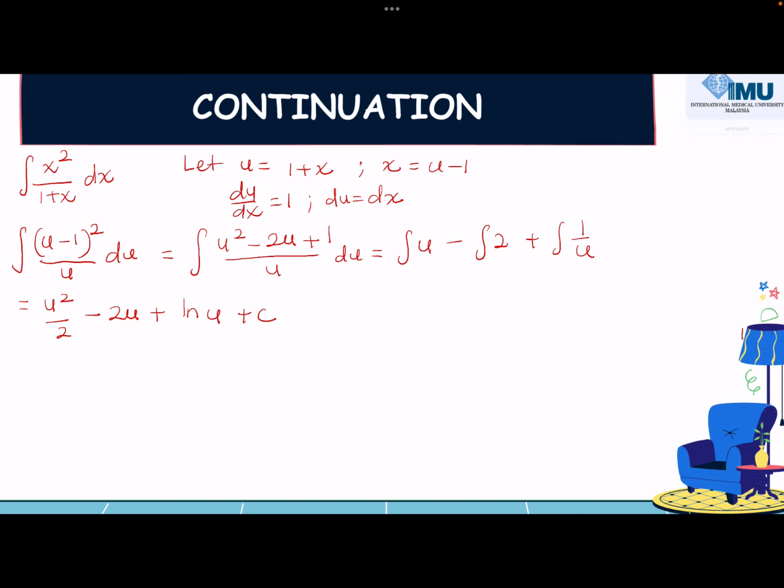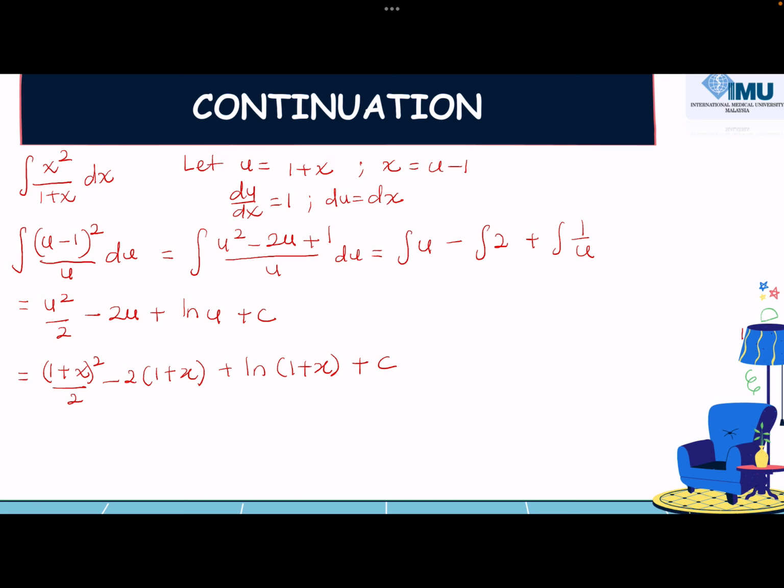Now let's try to substitute u back. Originally u is equal to 1 + x. So I will have (1 + x) squared, everything in bracket, divided by 2, minus 2(1 + x), and ln u is ln(1 + x). The whole thing plus c.